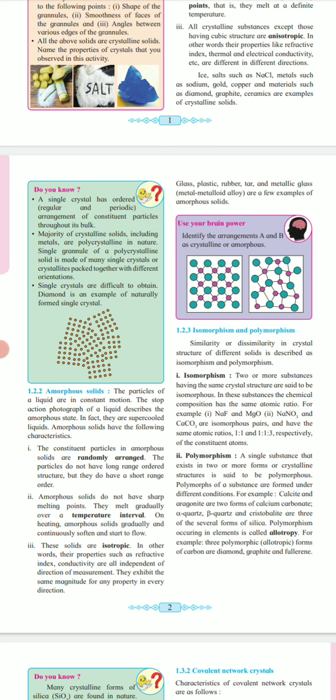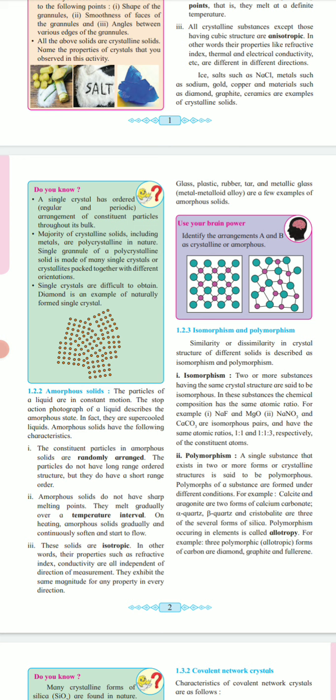Second, amorphous solids do not have sharp melting points. They melt gradually over a temperature interval. On heating, amorphous solids gradually and continuously soften and start to flow. These solids are isotropic. In other words, their properties such as refractive index and conductivity are all independent of the direction of measurement.